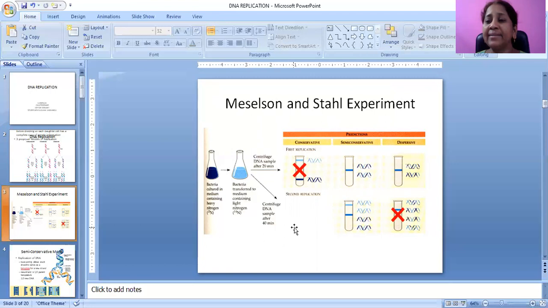So they came to the conclusion that DNA replication follows the semi-conservative model. One strand acts as a template, that is the parental strand, and the second is the daughter strand forming in complement to the parental strand.